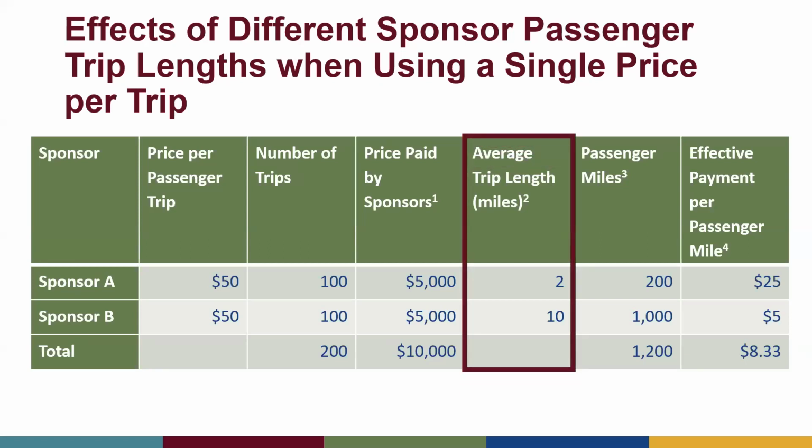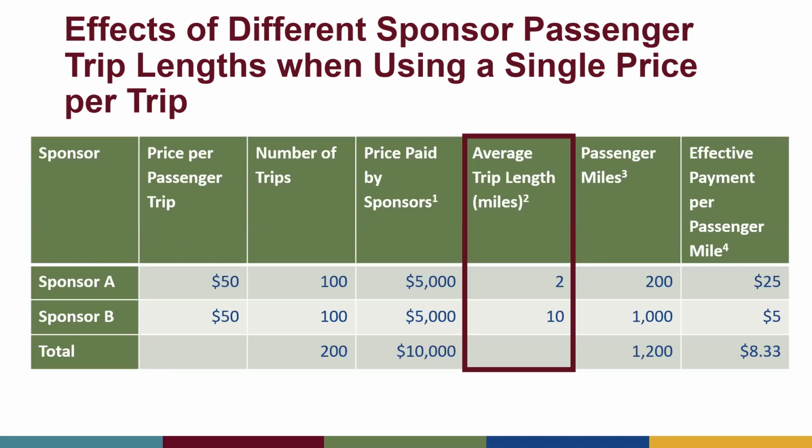For instance, the trips under sponsor A are about 2 miles per passenger, and the trips under sponsor B are about 10 miles per passenger. For whatever reason, right? This happens particularly if you've got long distance travel for medical appointments or something under one sponsor, but the other sponsor maybe is more in-town kind of services.